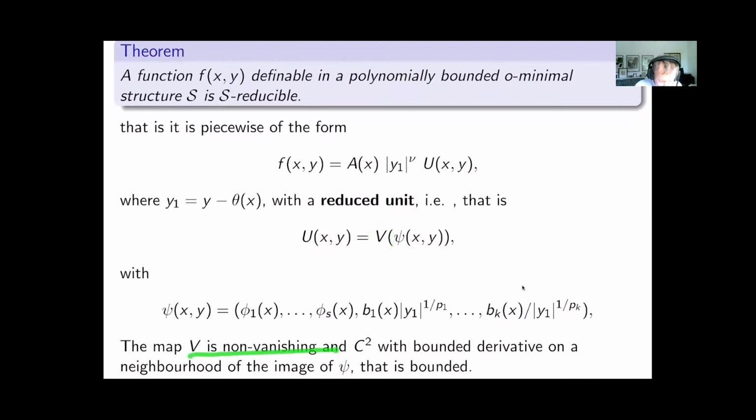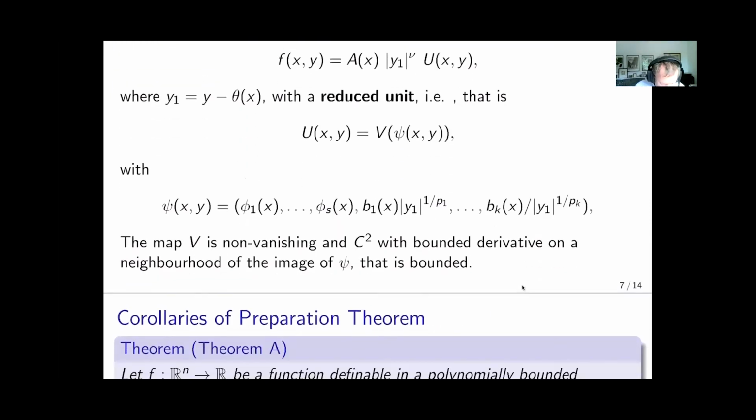So it's only C2 with bounded first order derivatives on the neighborhood of this function. Okay, and this theorem has many consequences, and I'm interested in the consequences for the Lipschitz property. So let me state some.